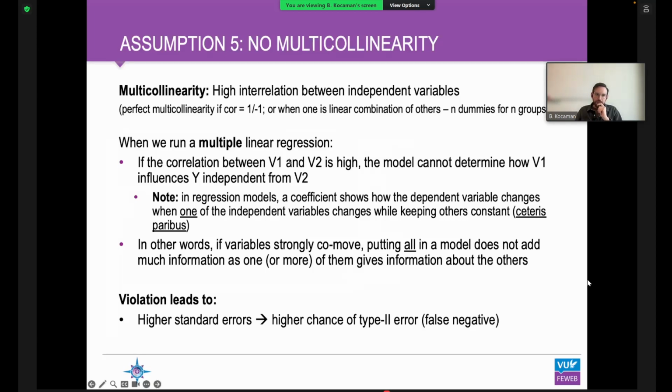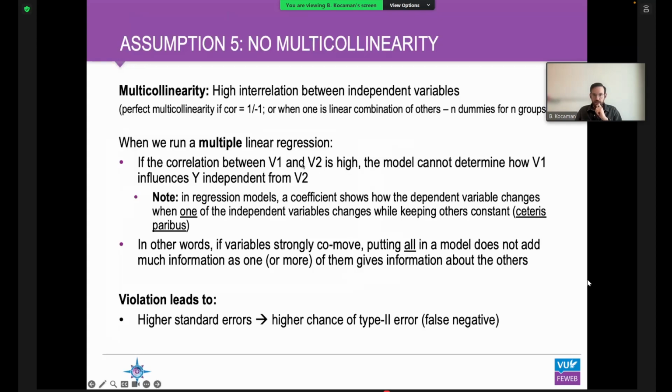When you have a multiple linear regression, though, you can have two independent variables whose correlation is high, okay? In that case, it's very hard for the model to determine how the first variable or second variable influences the dependent variable independent of the other independent variable.